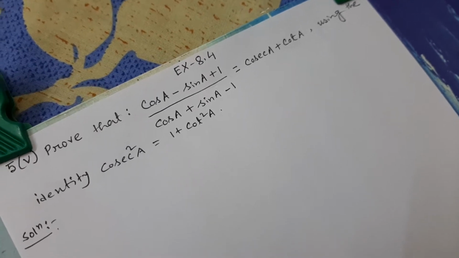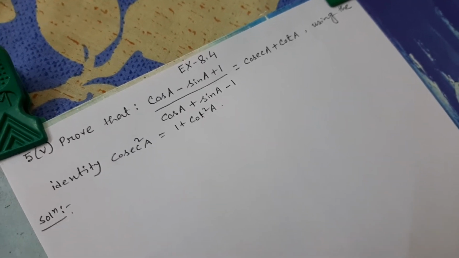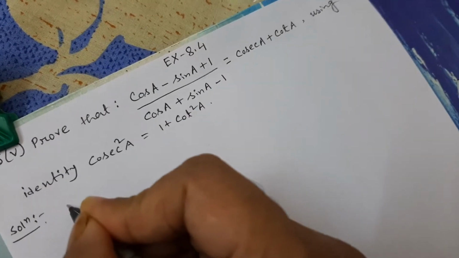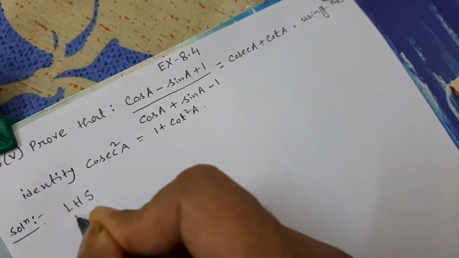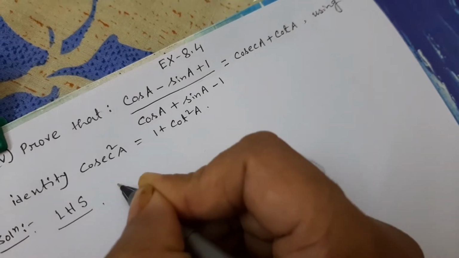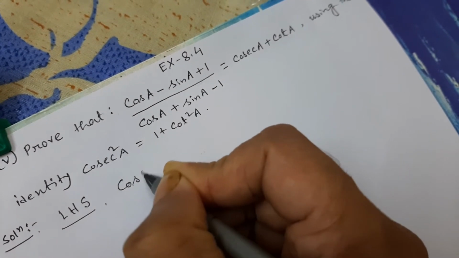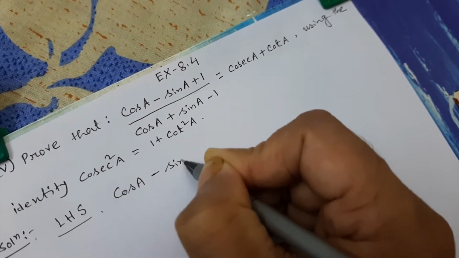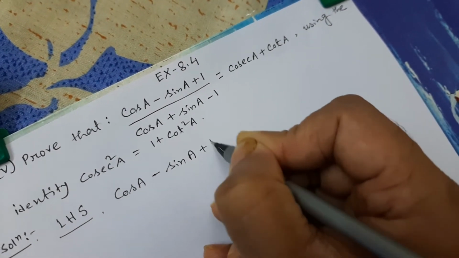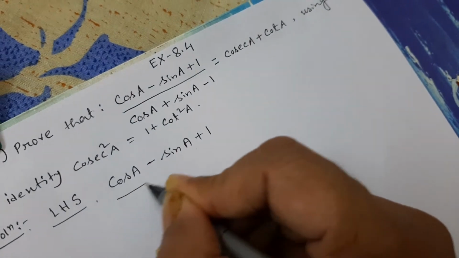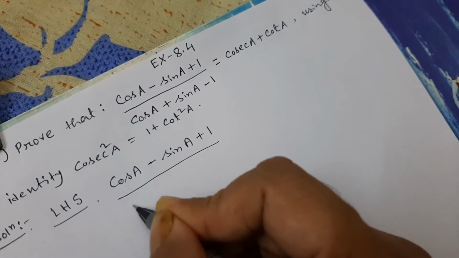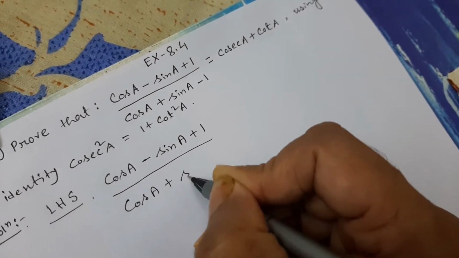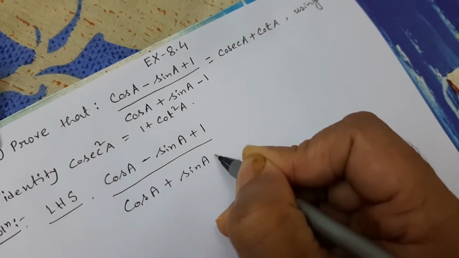Okay, let's start from left hand side. So left hand side is cos A minus sin A plus 1 divided by cos A plus sin A minus 1.